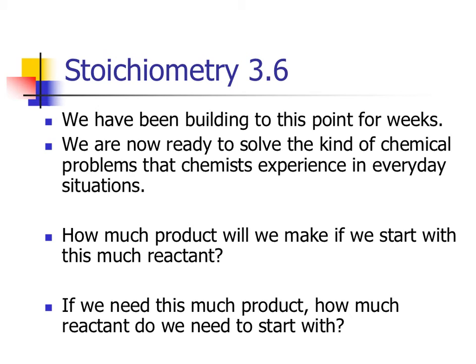Everything we do, it's like, where are we taking this stuff? It's stoichiometry. Why do we have to learn atoms? Well, you need to know how atoms interact for chemical reactions, which allow us to calculate the correct stoichiometry. Why do we have to know naming? Well, if you don't know naming, you don't know how to balance. If you don't know how to balance, you can't get the stoichiometry.